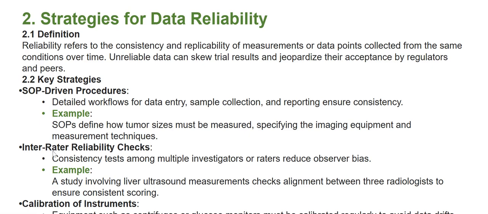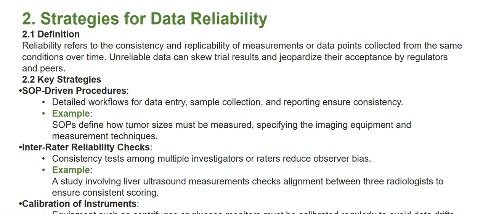Inter-rater reliability checks: consistency tests among multiple investigators or raters reduce observer bias and errors. Example: a study involving liver ultrasound measurements checks alignment between three radiologists to ensure consistent scoring.